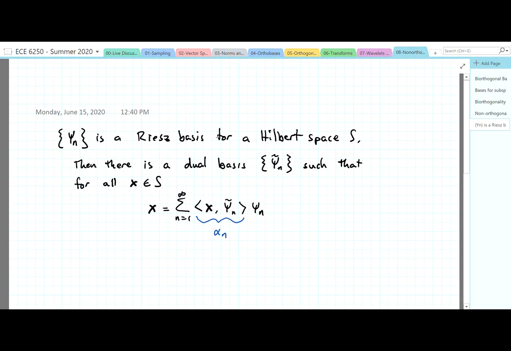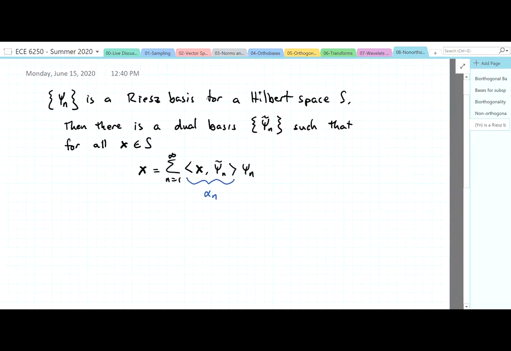So once you have a Riesz basis, you can do linear approximation just as we could before. But as I've mentioned, we don't have, in general, Parseval's theorem working for us the way it did before. When we approximated something, we had a good sense for what happened with our approximation.